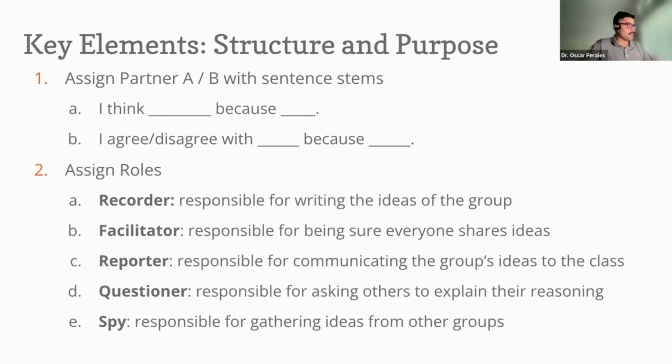And these are just various roles that you can assign to different members in the group. One of my favorites here is the spy. So if you actually have them on vertical whiteboards, you designate a spy. That spy goes to other whiteboards and sees if there's something that they can take back to their home group. So again, just another way you can provide them a little bit of structure and purpose.